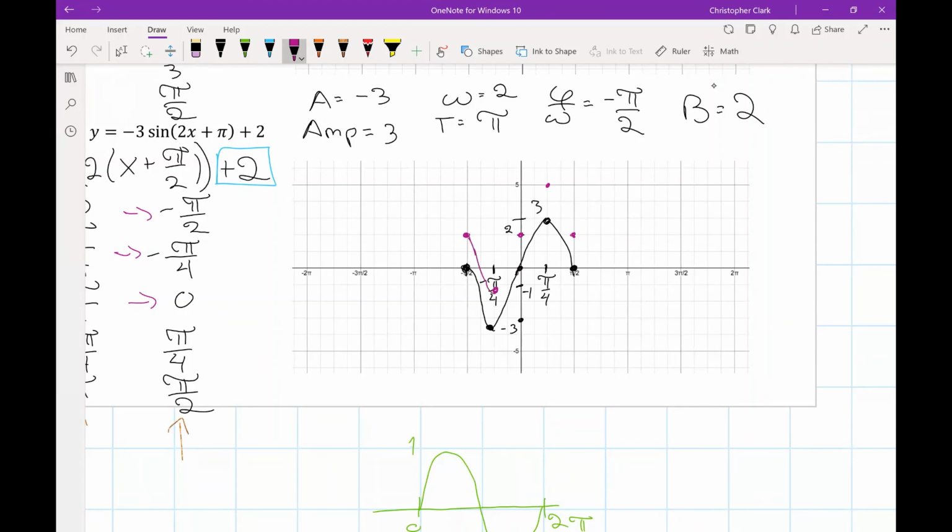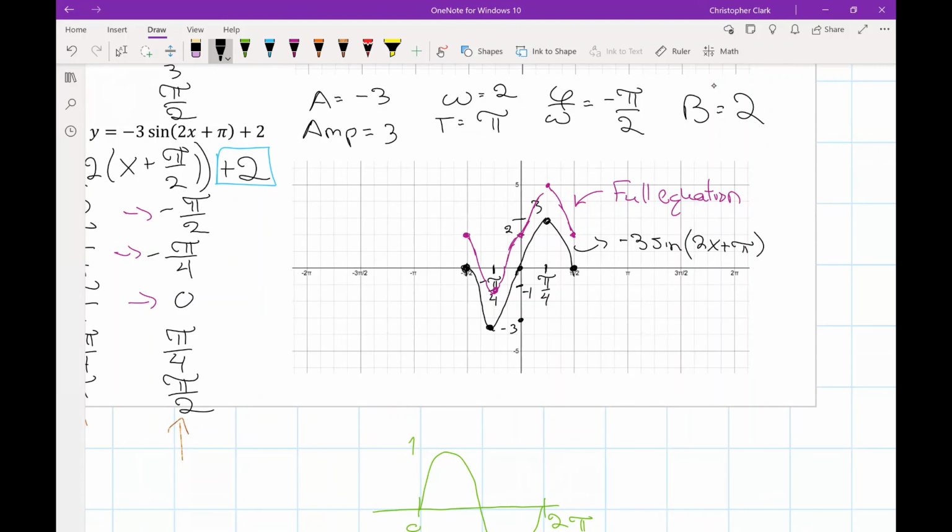So our equation now looks like this. So this is our full equation. And this one is everything but b: -3 sine of 2x plus pi.